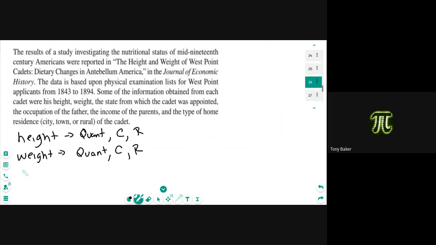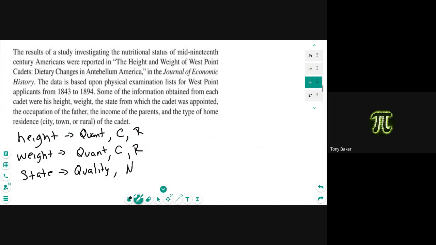What's the variable? The state. Qualitative. We don't have to worry about the continuous or discrete. Now, is it ordinal or nominal? Nominal. Putting them in order wouldn't make much difference.